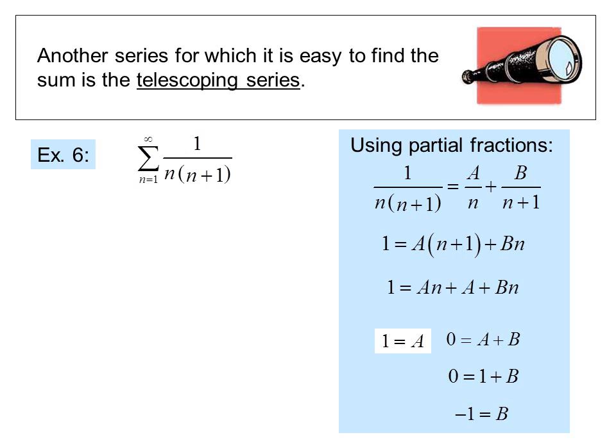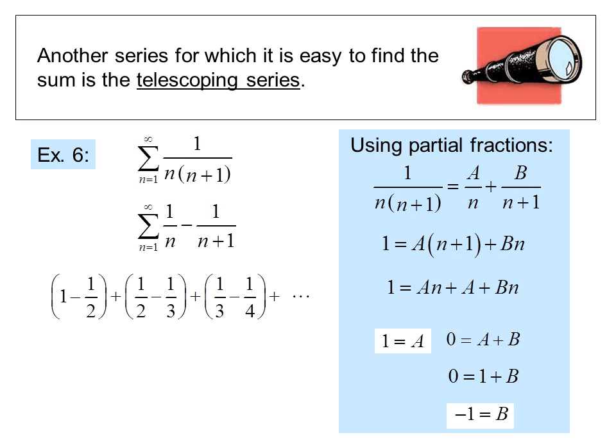Now we can rewrite our series as a summation from n equals 1 to infinity of 1 over n minus 1 over n plus 1. Generating the first few terms, we get 1 minus 1/2 plus 1/2 minus 1/3 plus 1/3 minus 1/4, and so forth. But we notice that parts of the terms cancel.